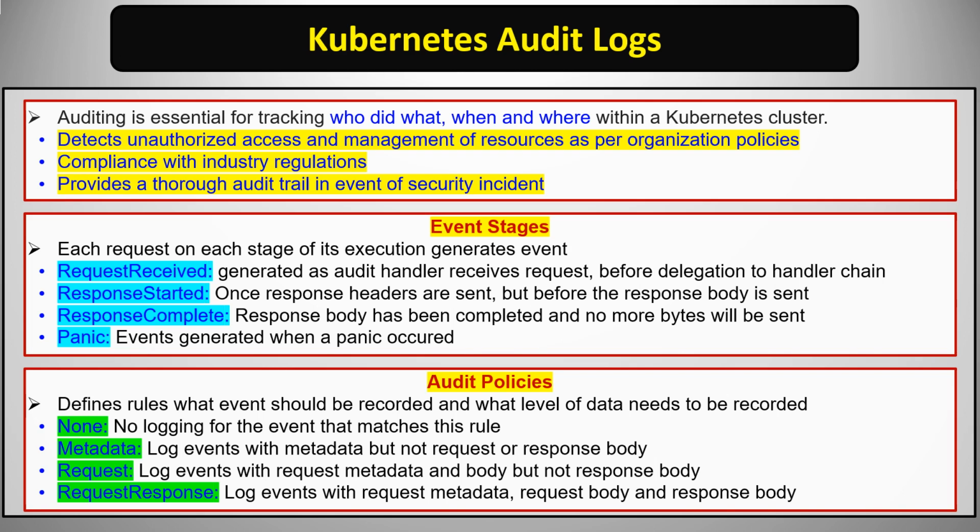It logs the metadata plus the request body. And then is request response. It will log everything, including the metadata, the request, and the response as well. For example, you might log pod changes at request response, but other events at metadata. It depends upon you. You can alter your audit policy according to your own requirement.